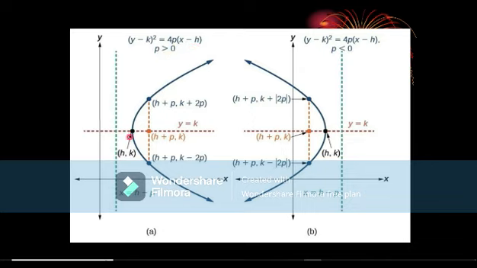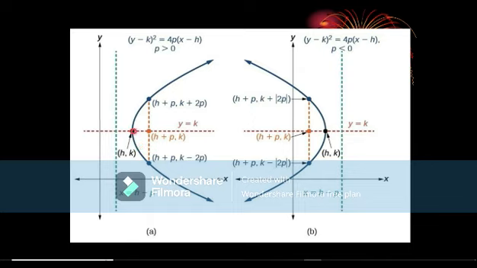That is why the parabola opens to the right. And this one, remember, has the same standard formula, only here p is less than 0, so it opens to the left. If p is less than 0, then the moment you substitute the values, this will be negative here. Anyway, let's focus on the graph.